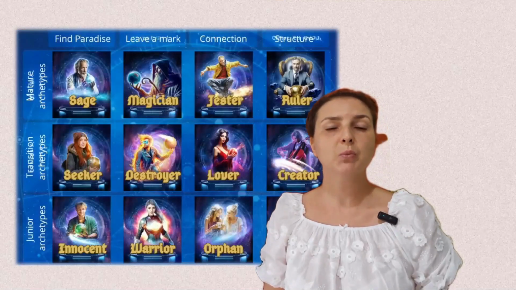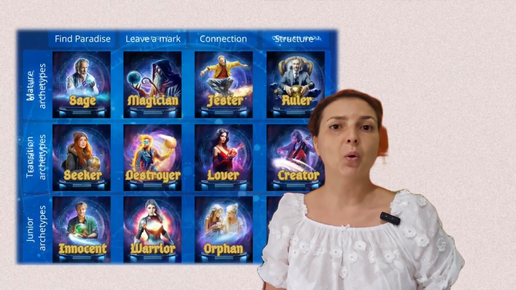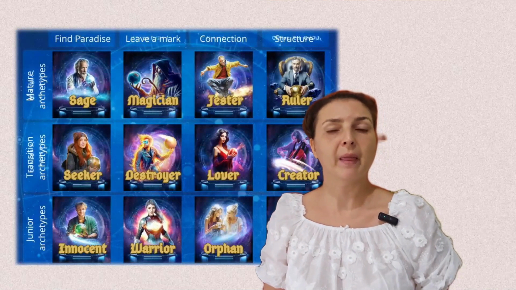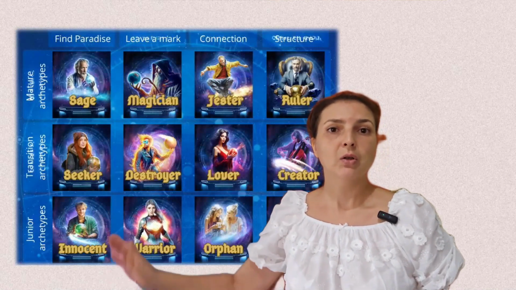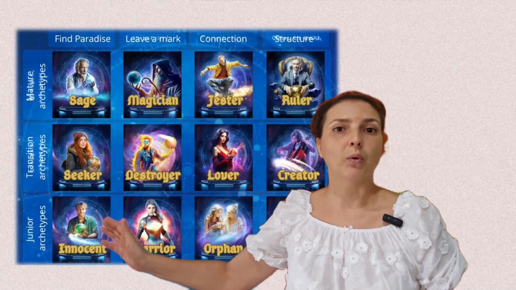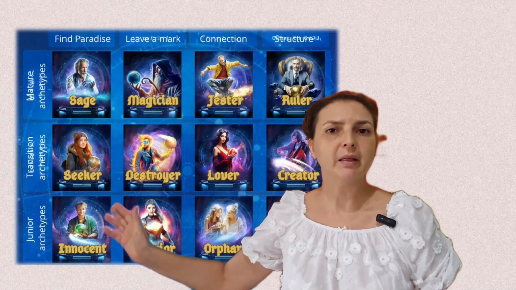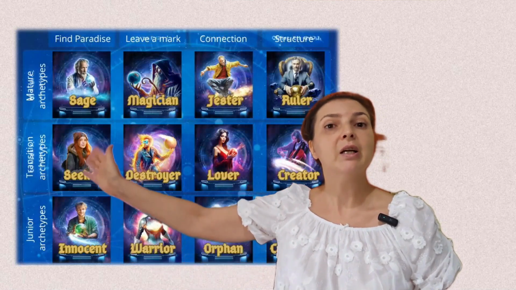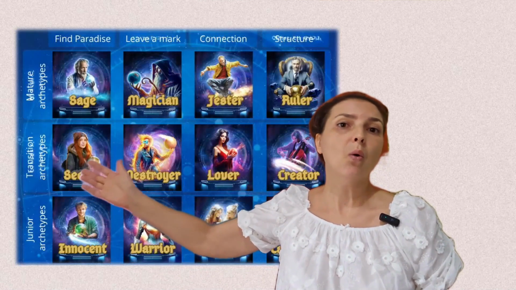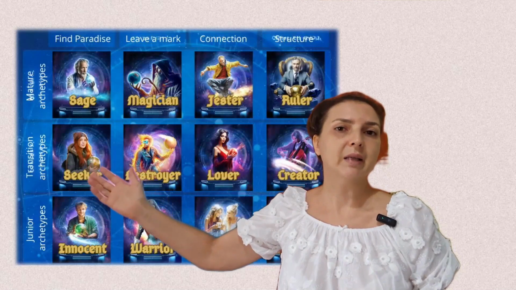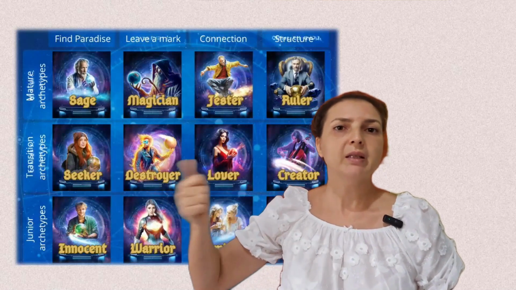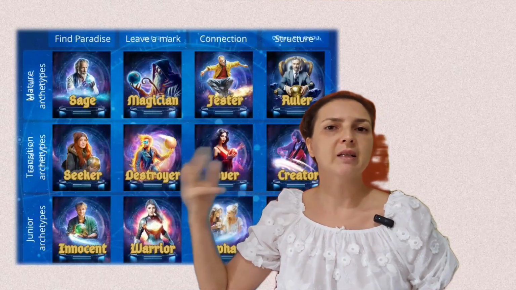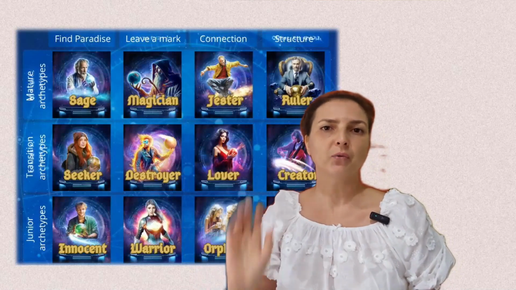Development never begins with success. It begins when the old ways stop working. The innocent stops getting everything they want. They resist, manipulate, but when nothing works, the seeker is born. They go looking for paradise elsewhere: new places, jobs, trainings, experiences without fear.